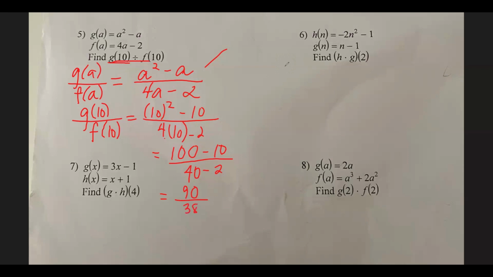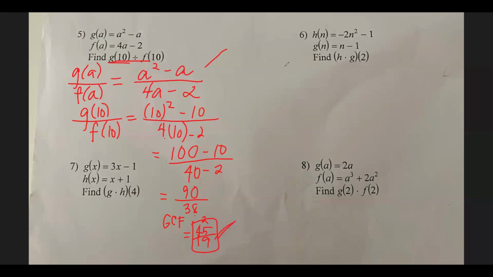So you can simplify more if you have a greatest common factor of numerator and denominator. So since the GCF here is 2, therefore the answer is 45 over 19. Okay?